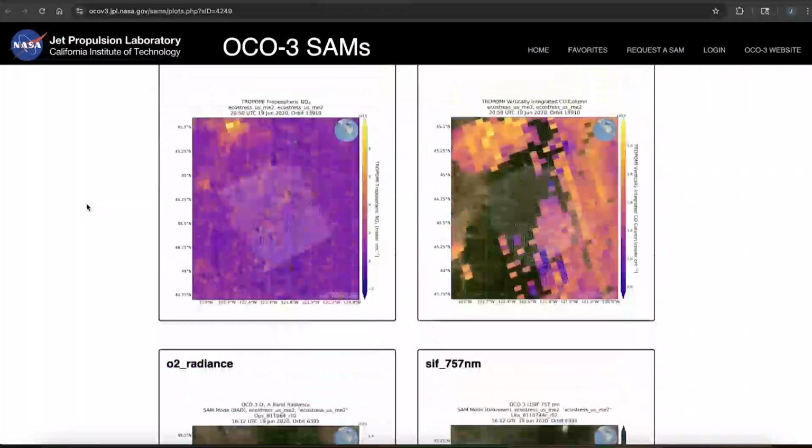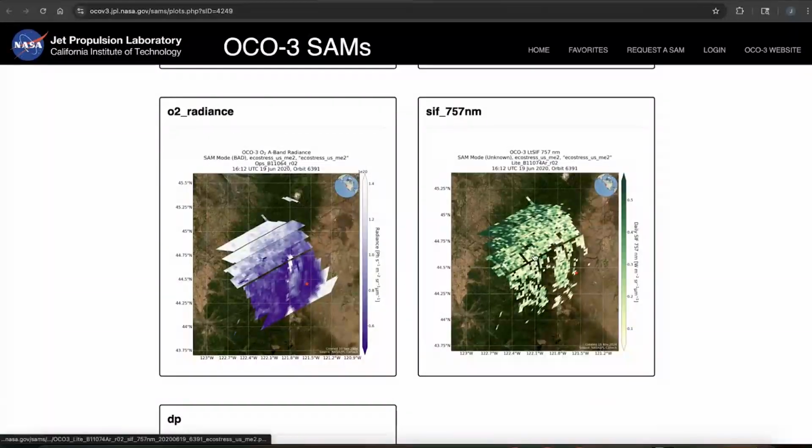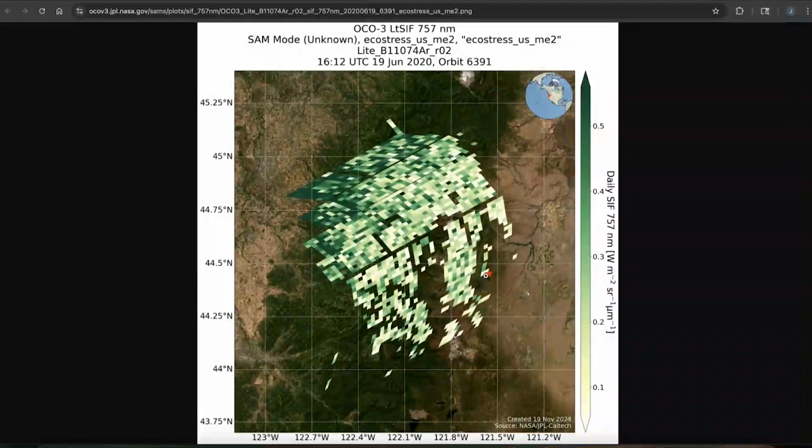If I scroll down to the SIF 757 nanometer plot, we can take a closer look at the spatial features that we note. In the 2020 data, we note a pattern of growing season behavior in this region under normal conditions.